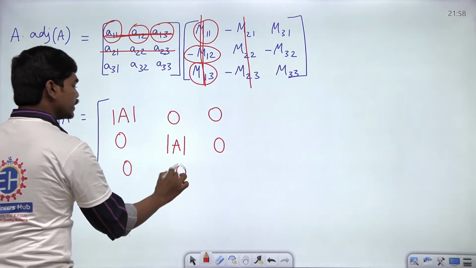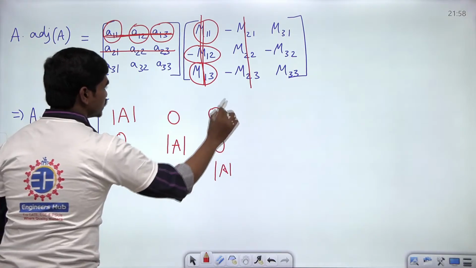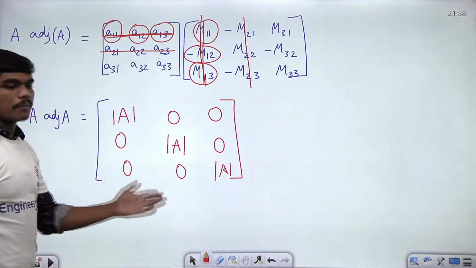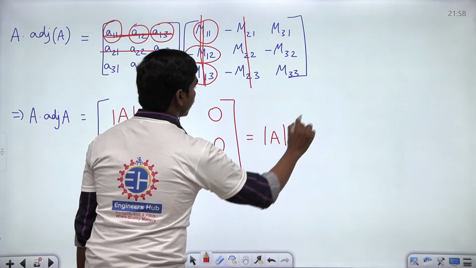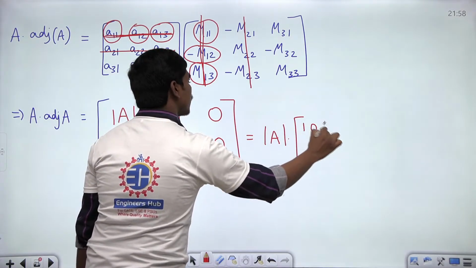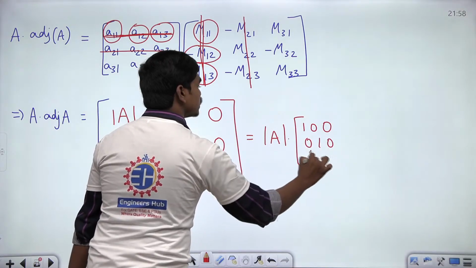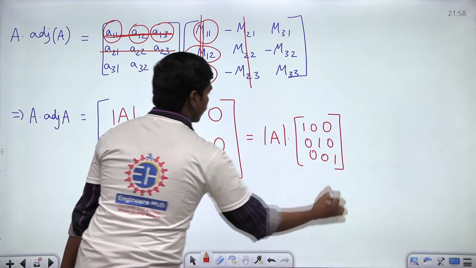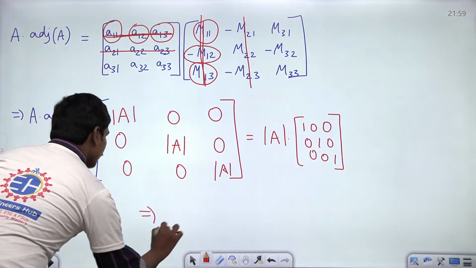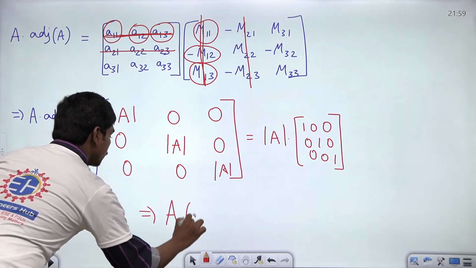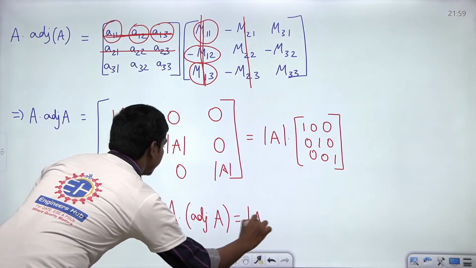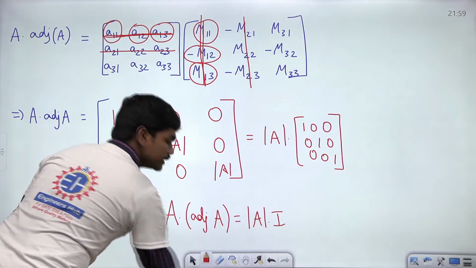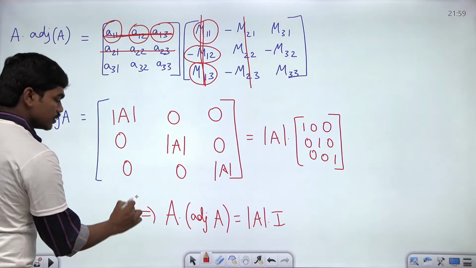So 0, 0 and det A. This is what you have, which means from this complete matrix you can take det A, a scalar, common, and you have an identity matrix 1 0 0, 0 1 0, 0 0 1. This implies we have a very important result: A into adjoint A is equal to det A into I, and this result is really important for us.